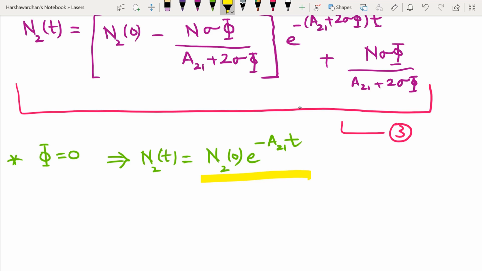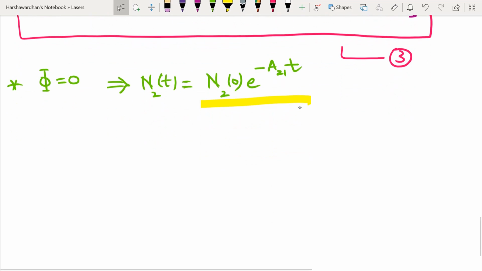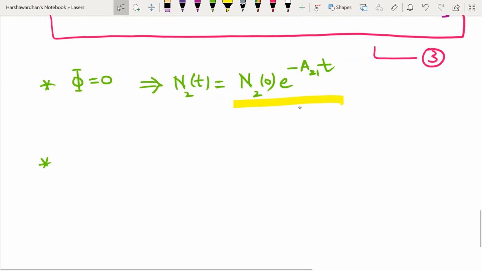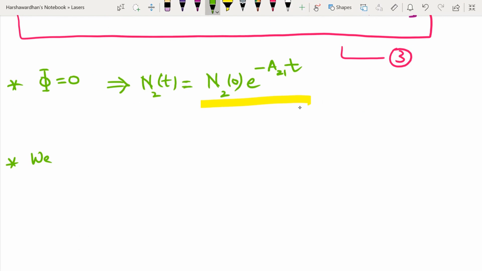You can have the second situation where I'm looking at a weak field excitation. I'm calling this weak excitation. This corresponds to the fact that my sigma times phi, I have to compare apples to apples and not apples to oranges, is much smaller than the spontaneous emission rate.